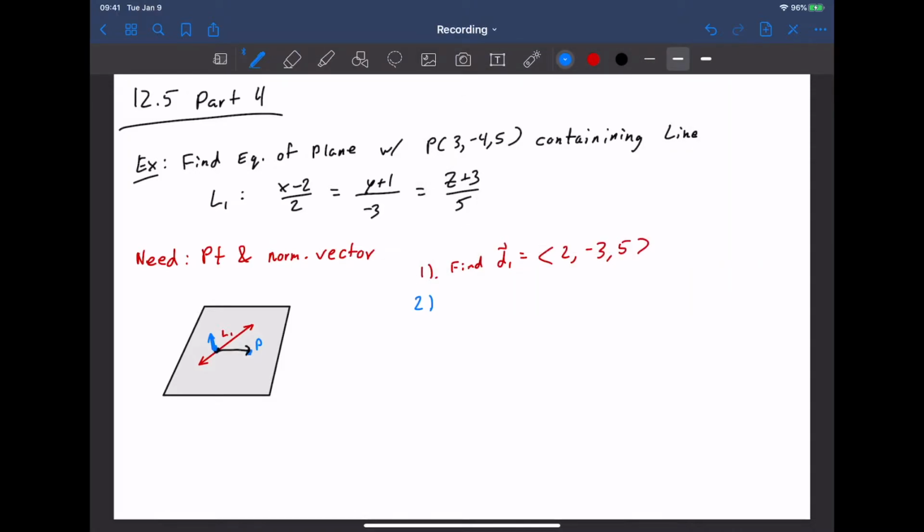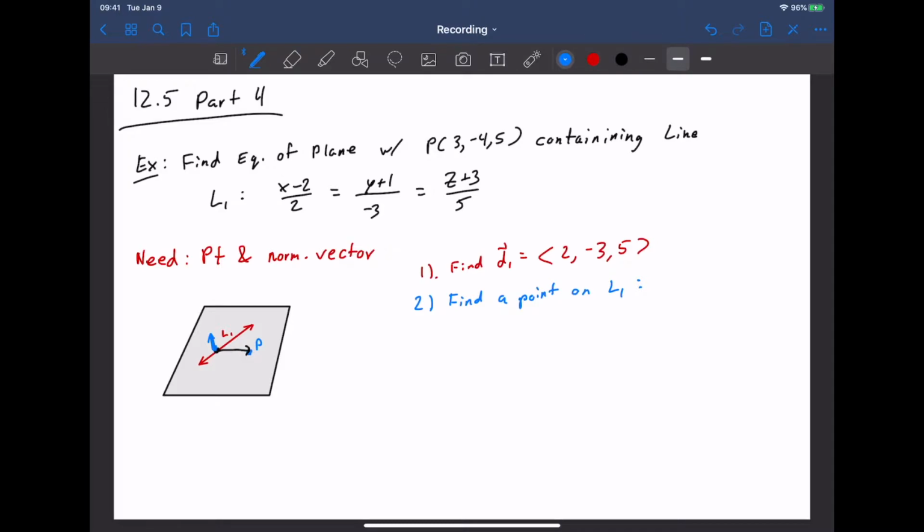So 2, find a point on the line, on L1. Do you have a good idea of how to find a point on a line at this point? No pun intended. You should easily see a point that the line was based around.